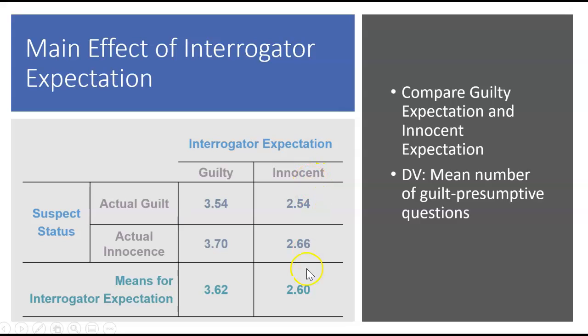So if they expected innocence, they tended to ask fewer questions that were guilt presumptive. So remember the silly example I gave you, where were you when you stabbed the knife into the victim's back? That's a guilt presumptive question. Whereas, where were you at 10 p.m. last night? That's not a guilt presumptive question.